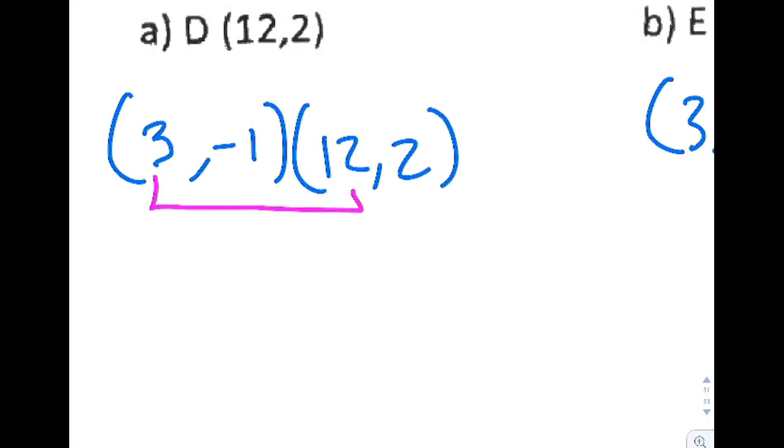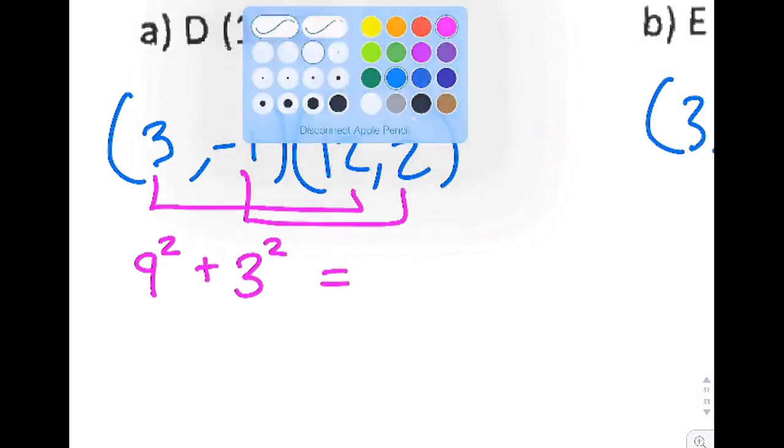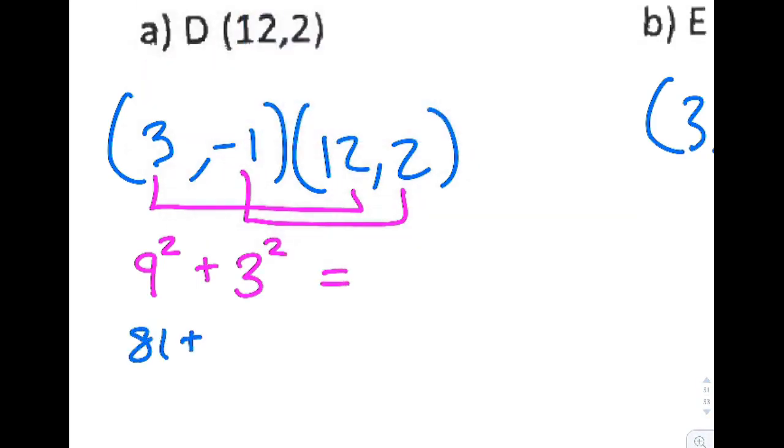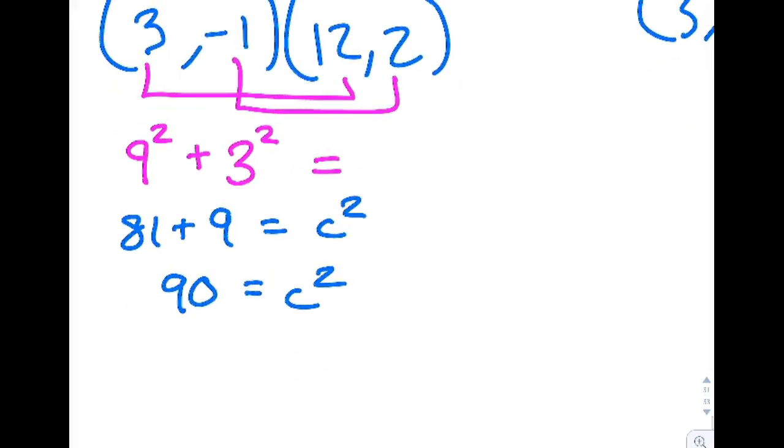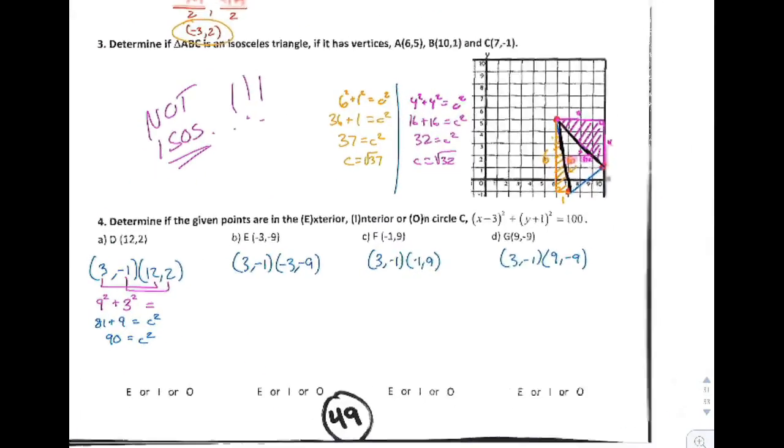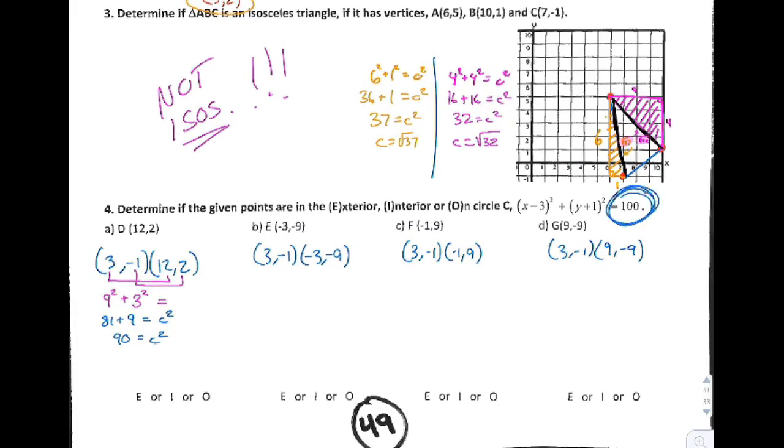The jump from 3 to 12 is 9. The jump from -1 to 2 is 3. 9 squared plus 3 squared is 90. If you look at the end of the equation, there was a 100. 90 is less, so it's inside the circle.